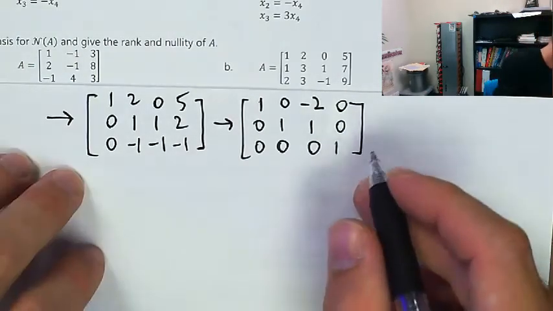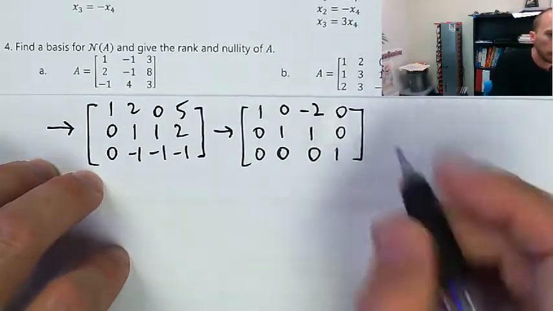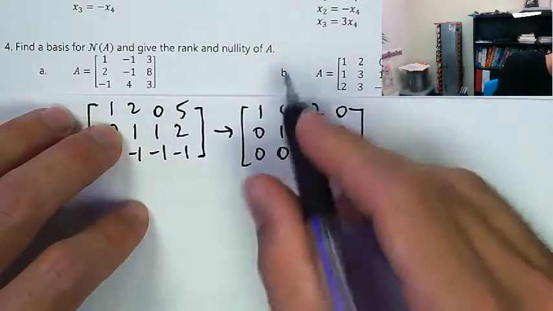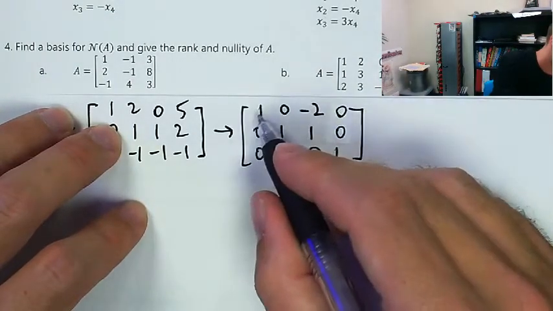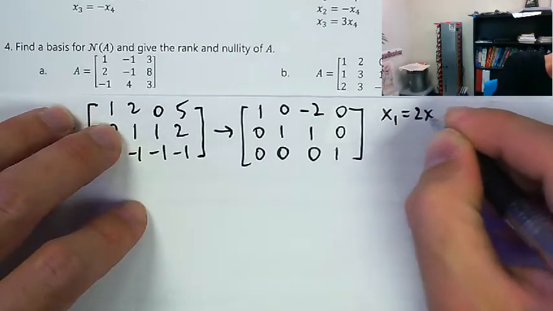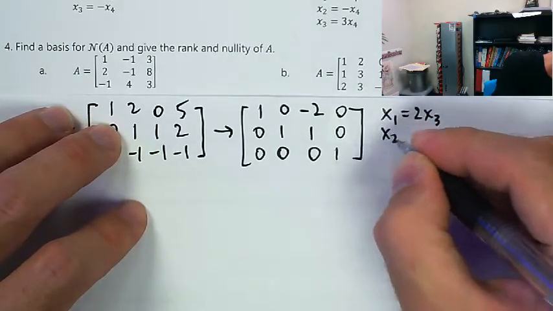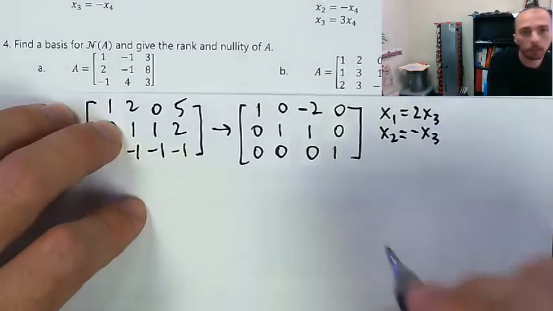Okay, what this is saying is that for the null space, x1 minus 2x3 is equal to 0, so I'm going to say x1 equals 2x3. x2 plus x3 equals 0, so x2 is the negative of x3.